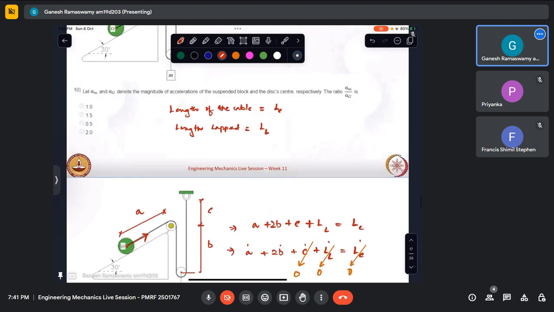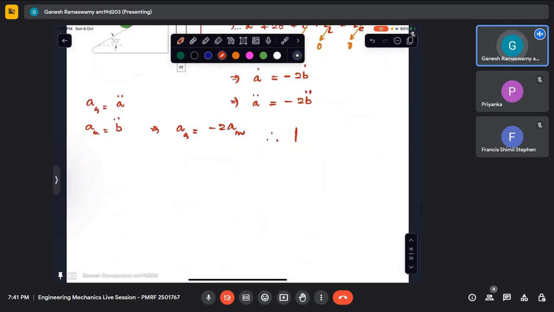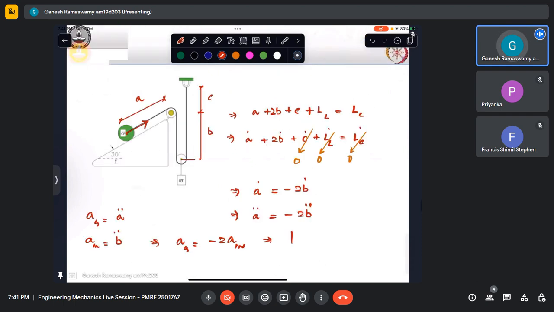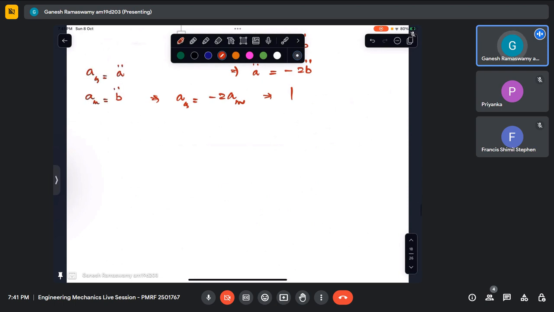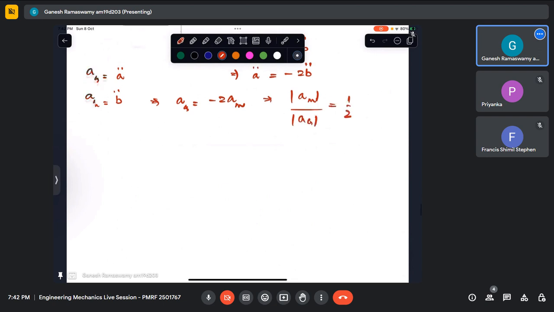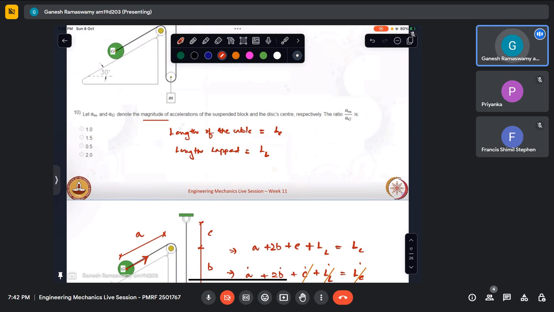These are representing the magnitudes of acceleration is what is said. So please note that. So acceleration of G comes on top, M comes on top. So we can see that it is half. Very well.